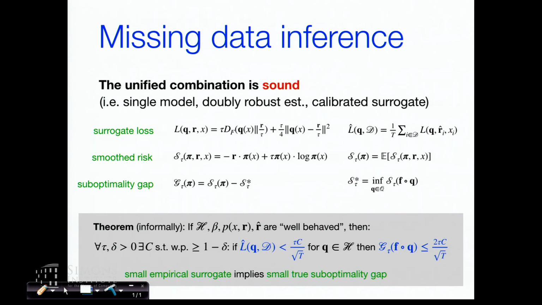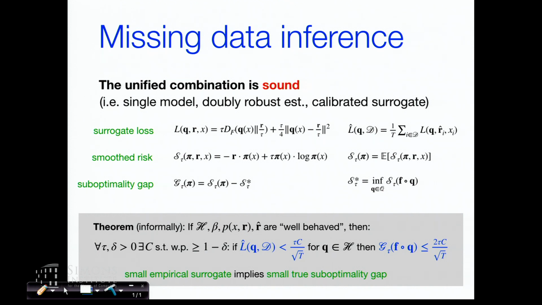I'm not going to drag through everything, this isn't a theory talk, but you can take this convex upper bound as a surrogate objective. You can look at the empirical version of that upper bound. We can define our target objective as the expected smooth risk, and by smooth risk, I just mean the entropy regularized expected reward.